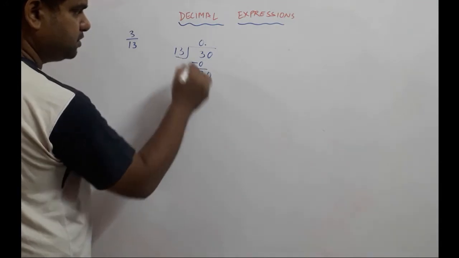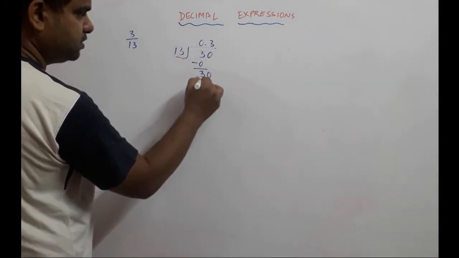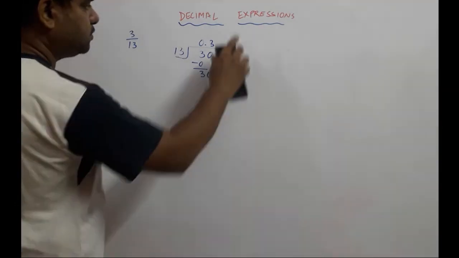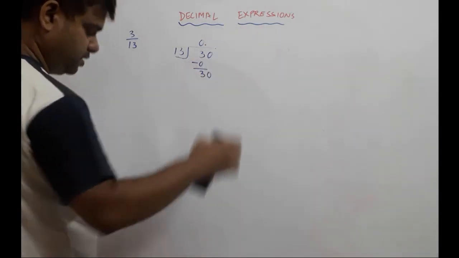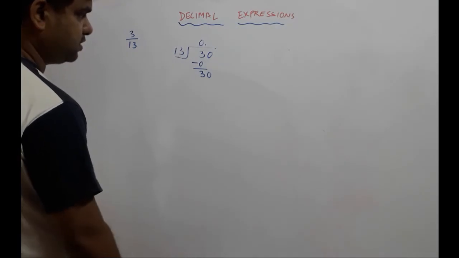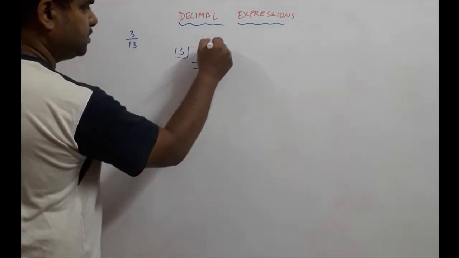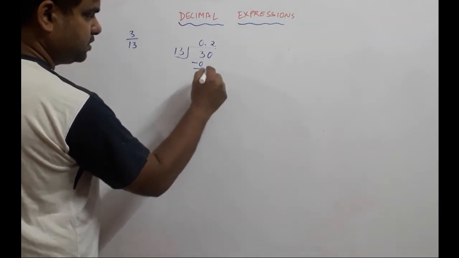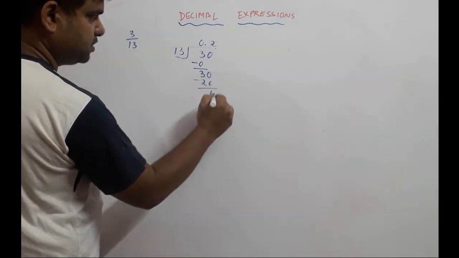Bring this 0 down. 3 times 13 will give us 39. We need a number that is less than or equal to 30. So that would be 13 into 2, 26. 30 minus 26 gives us 4.